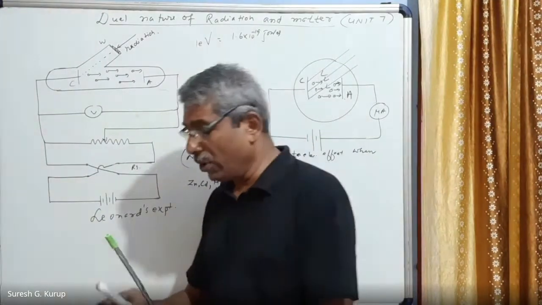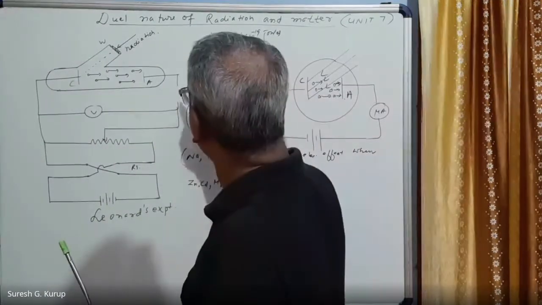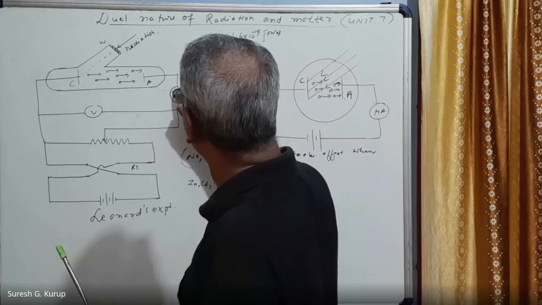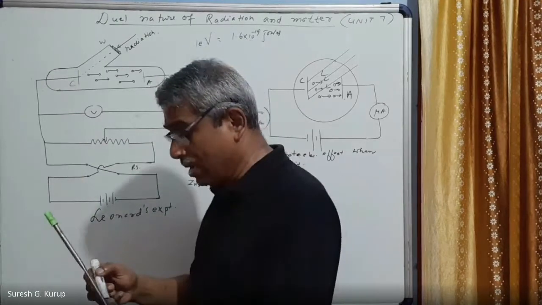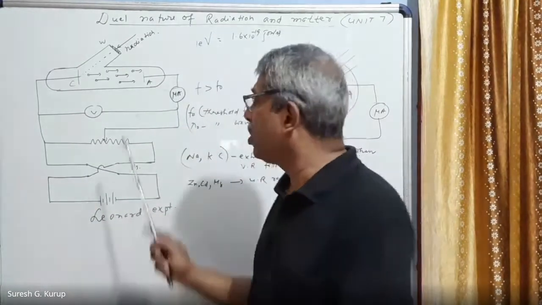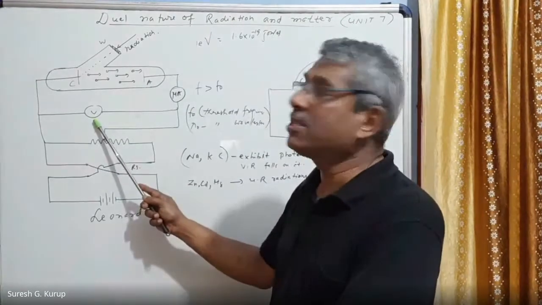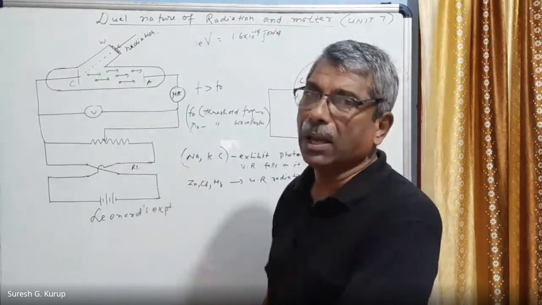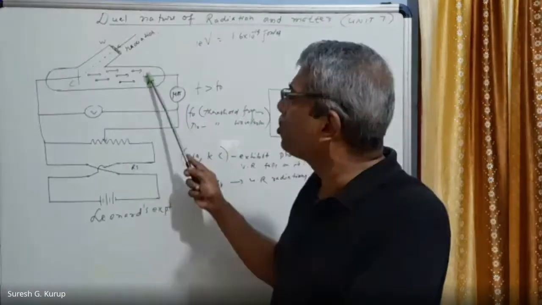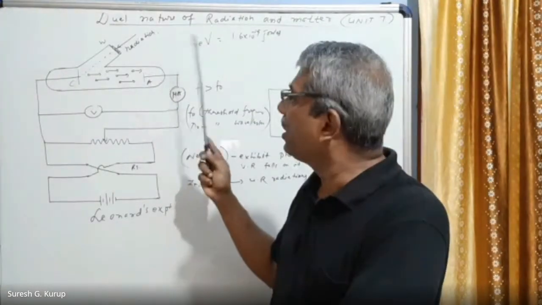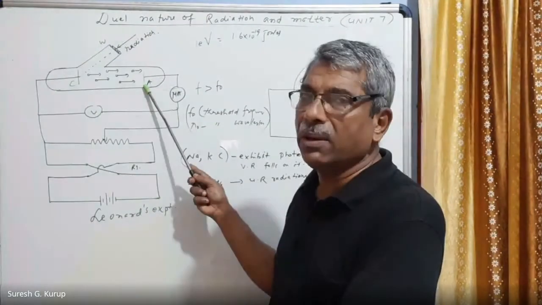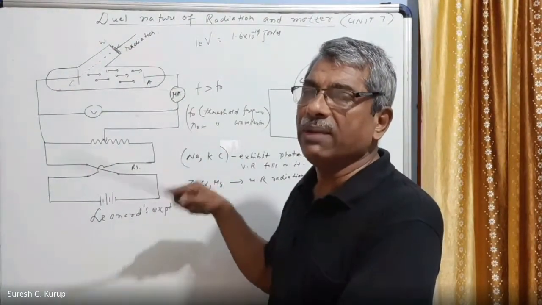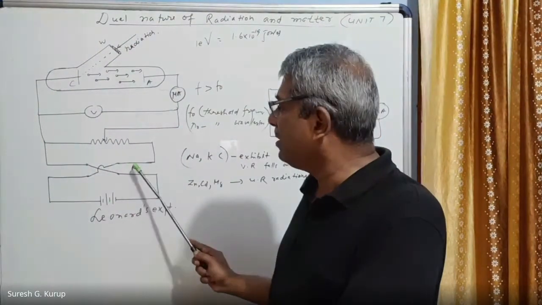We can put a microammeter here, and this voltmeter shows the accelerating potential applied to the anode with respect to the cathode. We can increase the positive potential of the anode, decrease it, make it zero, or make it negative by this reversing key.